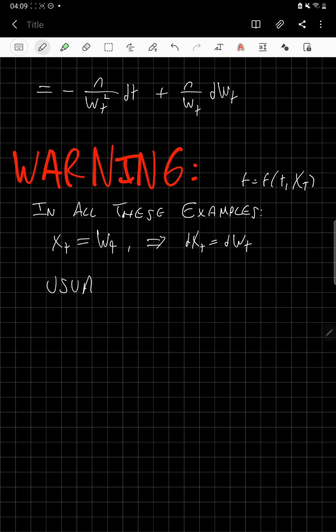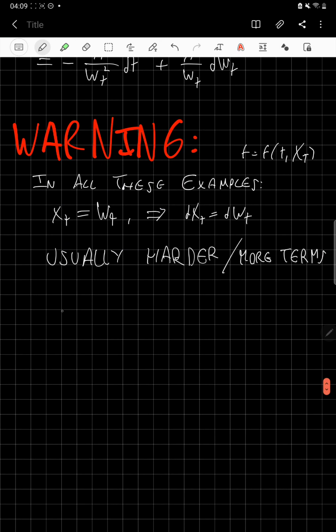Usually it's harder, so usually more terms, because usually we're going to have that dxt is going to be equal to something, mu dt plus sigma dWt. But here all of this was cut out.